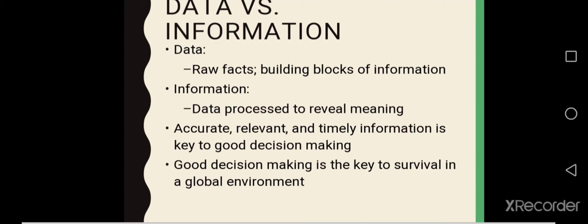First, we have to differentiate data and information. If we are going to talk about data warehousing or a data warehouse, we are focused on data. Data is one of the most critical assets of any business.